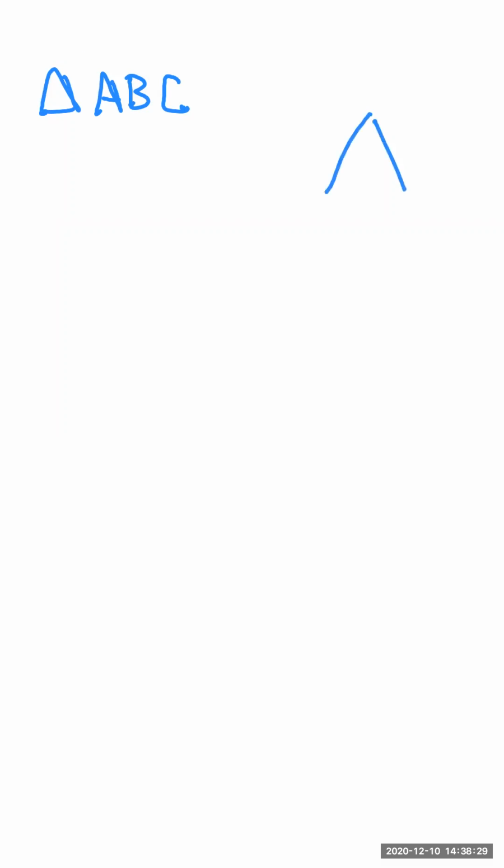Equilateral triangle, guys, means the three sides are equal, right? So now this is the triangle ABC. We want to prove that all sides are equal. So AB equals BC equals CA. Prove that it's equilateral. Then find the area.